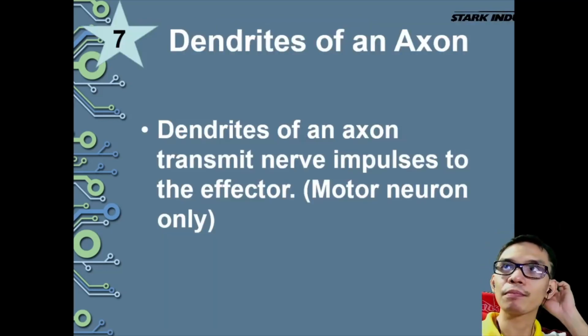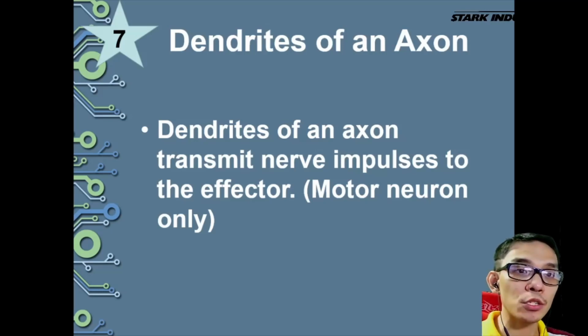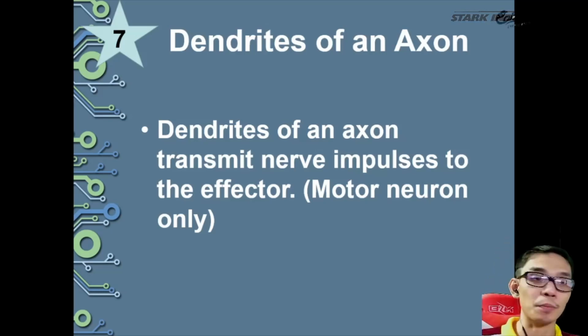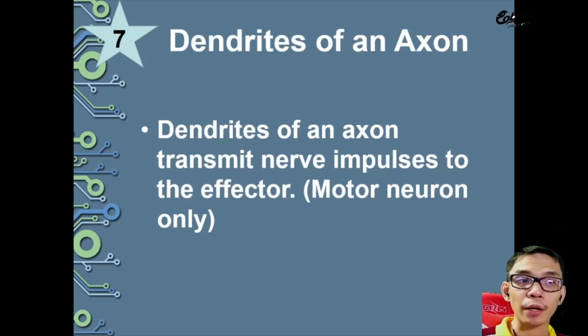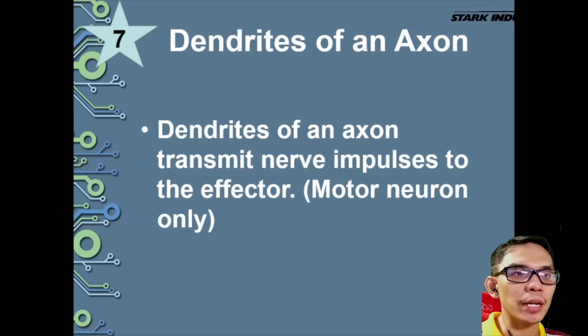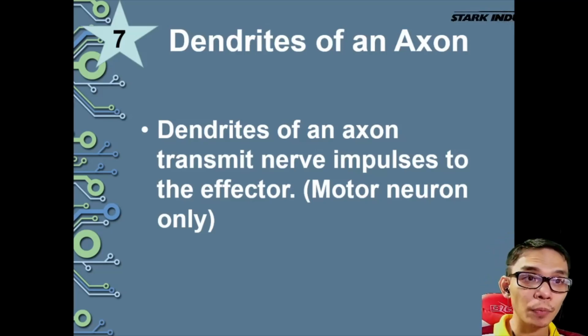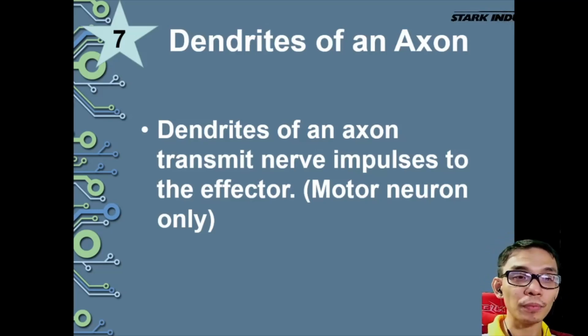Alright, so the seventh structure that we have right here is the dendrites of the axon. It is located at the end part of the axon, and they transmit the impulses to the effector or to another neuron, if there is one.